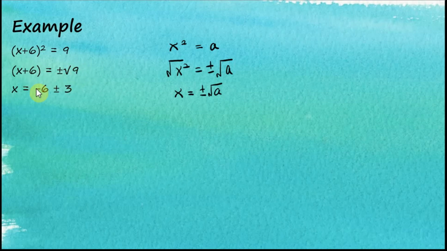So we have x equals negative 6 plus or minus 3, and therefore negative 6 minus 3 we have negative 9, or negative 6 plus 3 we have negative 3, and these are the solutions for this quadratic equation. Again, if we can write a quadratic equation in this form, then we can solve it easily.